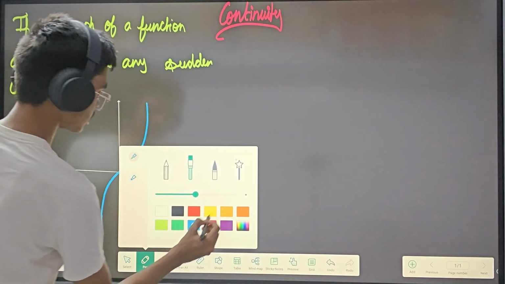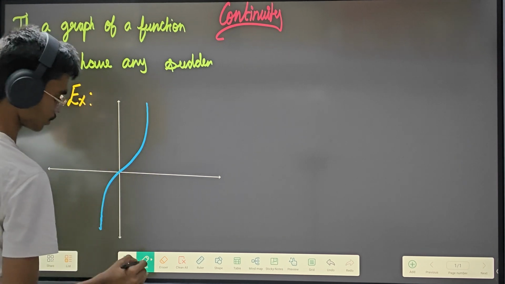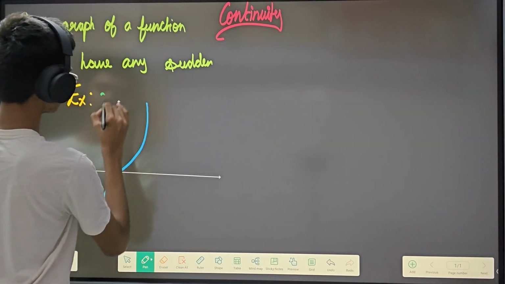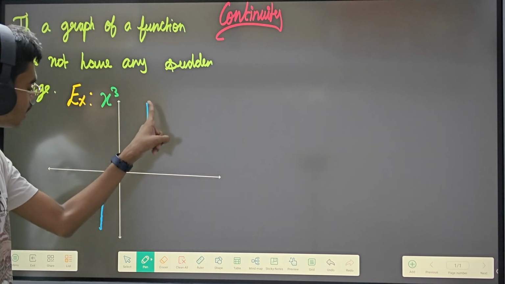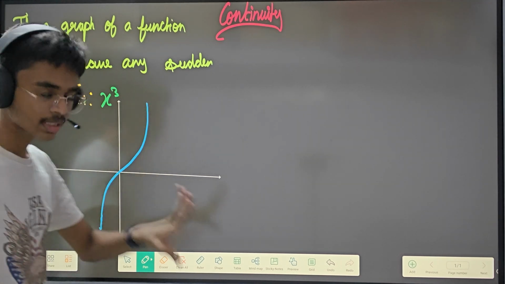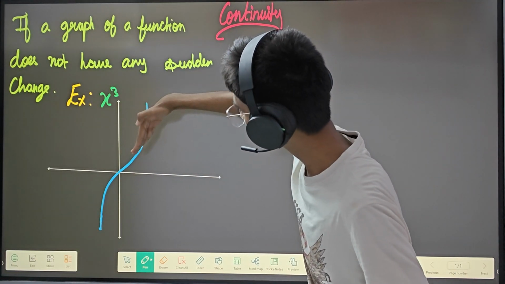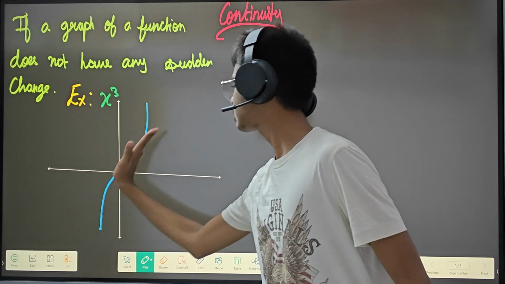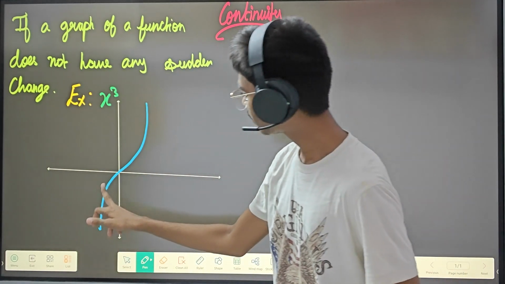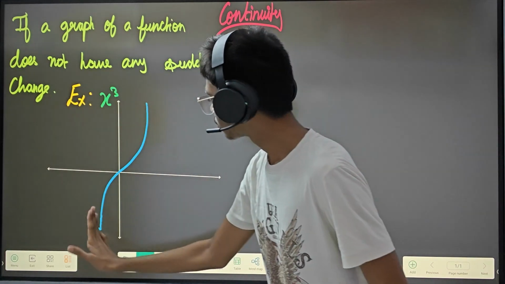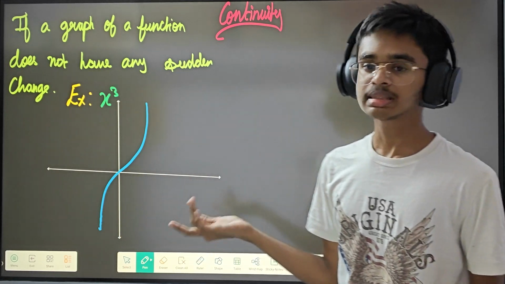Okay, so I'm going to consider this as x cube graph. Okay, you can see that there is no change in this graph, even though there is change, that change is very slow. It's actually increasing, and more than that this graph does not have any change. Even if the change is there, the change is very slow, that you can very easily say.